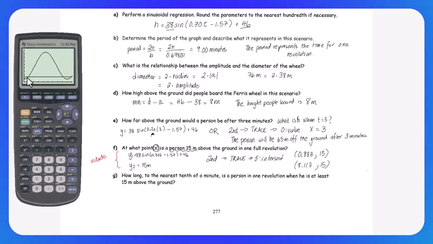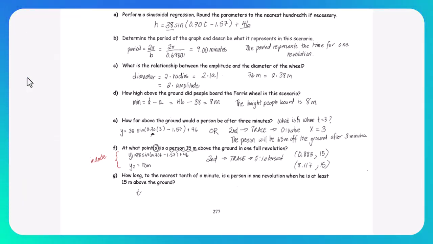So we want to say T2 minus T1 is going to equal the length of time that the person is 15 meters or above. And that means we're going to have 8.117 minus 0.883. And when we put that in the calculator and round it to the nearest tenth, we get 7.2 minutes.